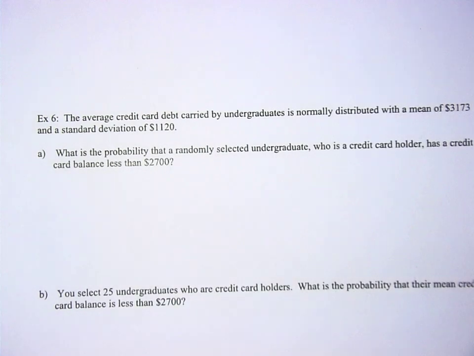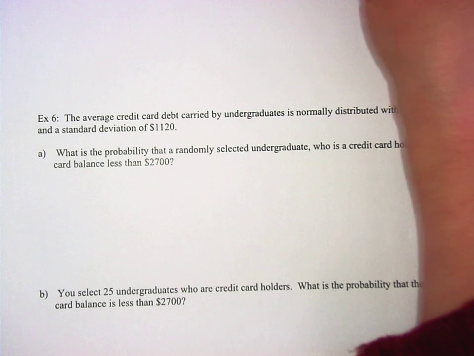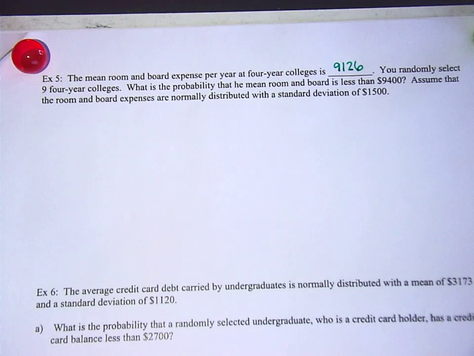Okay, now this book is 8 years old, and as of 8 years ago, it was $9,126. All right, you randomly select 9 4-year colleges.